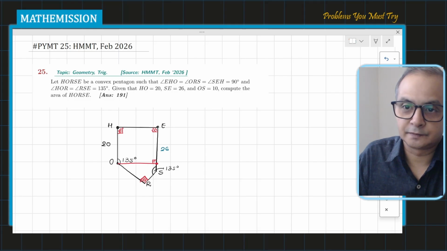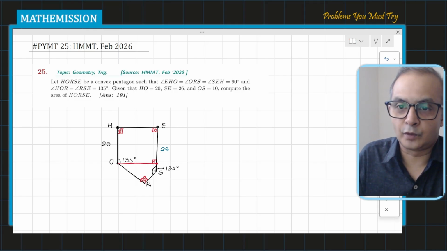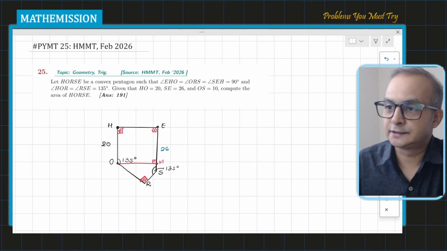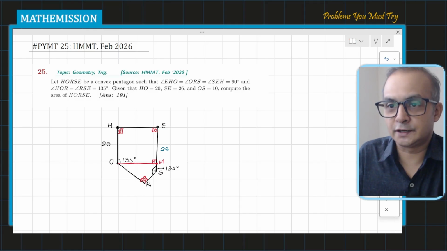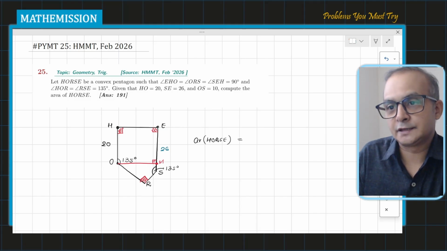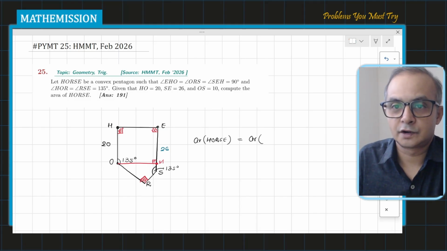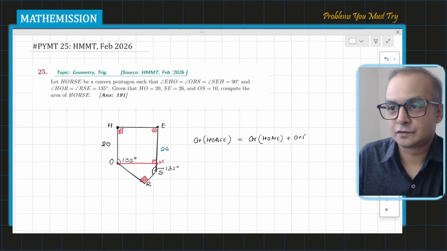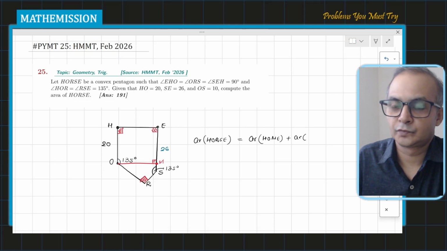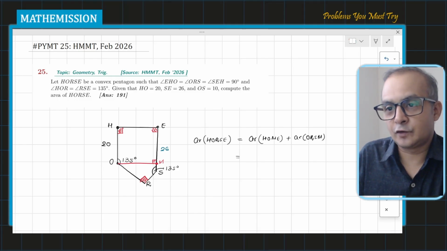Let's call this point M. Now we can notice that the area of HORSE is nothing but the area of HOME plus the area of ORSM. The area of HOME we already know.